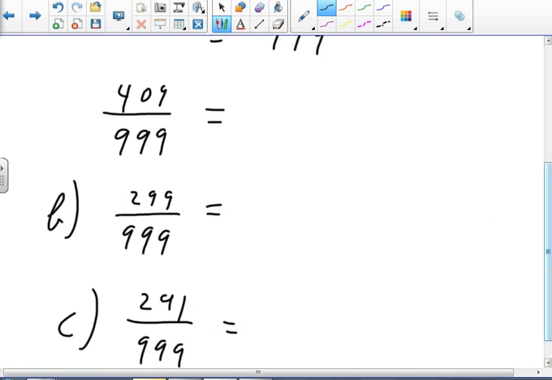Okay, that's good. Now we put it in our calculator, 409 divided by 999. I think 0.41 would be good enough. What do you think? Yep. And probably 0.30.